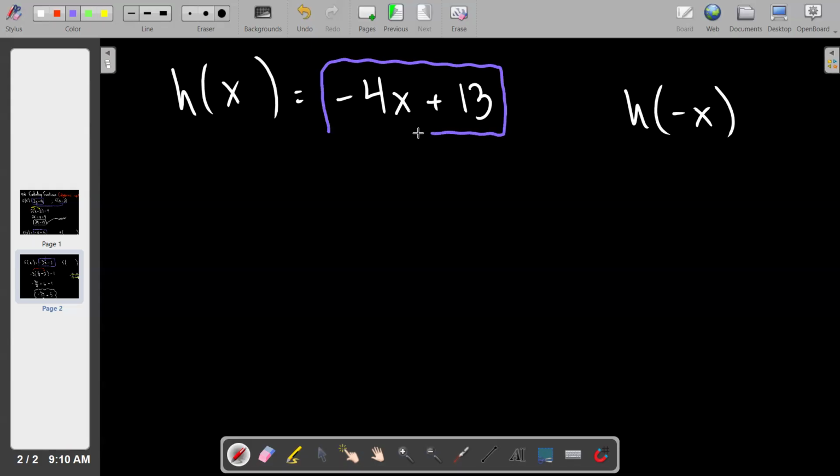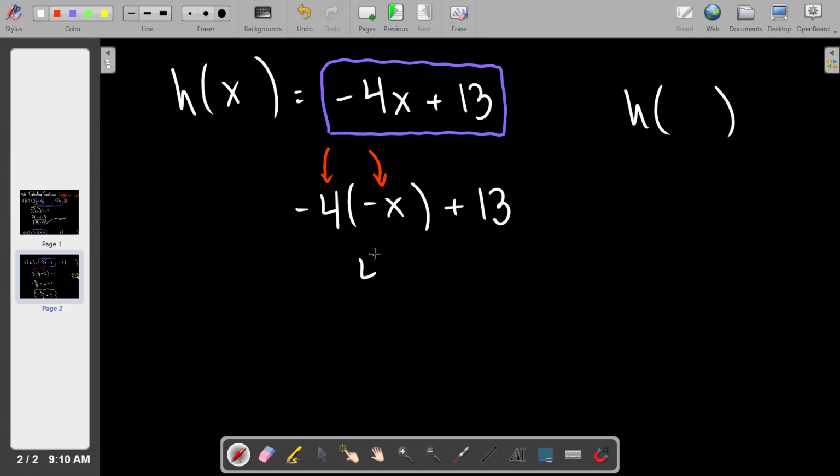Identify the function rule, copy it down, -4 times x plus 13, put a blank. What do these parentheses indicate other than just a blank? What do they show us in math? They're timesers. Good. So when I feed in the -x, I realize now, oh, careful, that's a -4, and that's a -x. It'll make it a positive 4x plus 13.